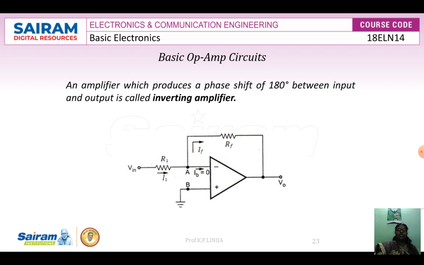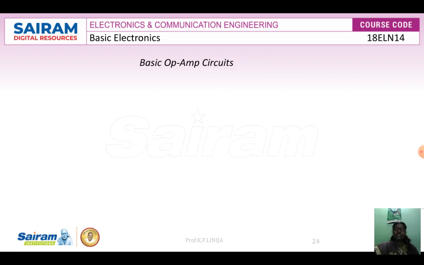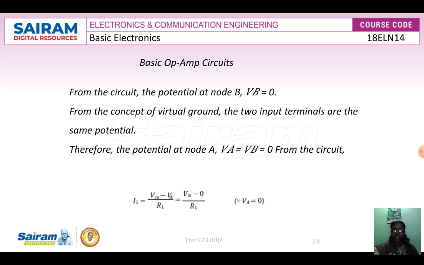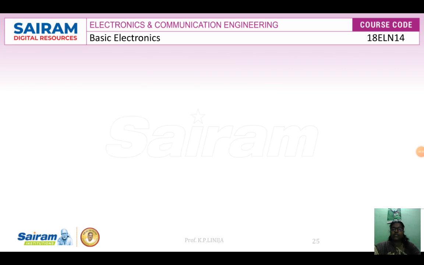Now these are the two expressions. As per the virtual ground concept, we know that VA is equal to 0 since VB is equal to 0. Therefore, I1 is equal to Vin divided by R1.